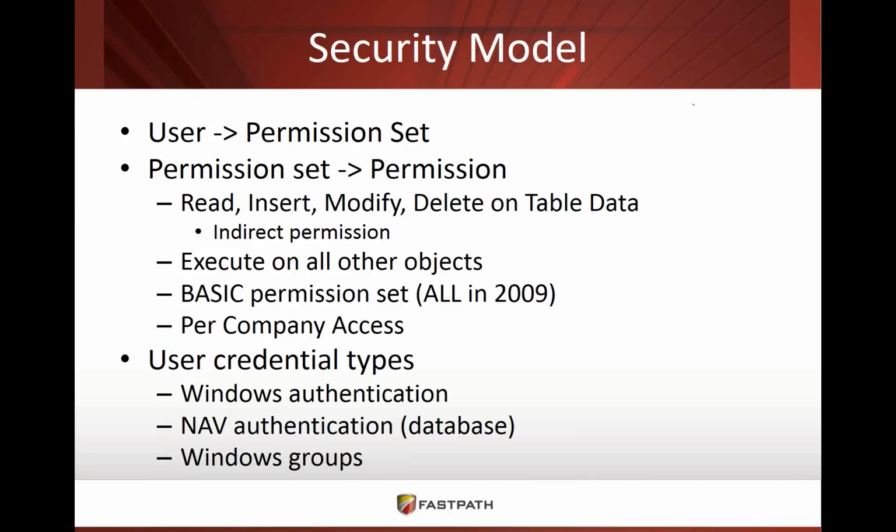And one thing that really helps our customers when they're trying to do this is to create a matrix. Along the left side of the matrix will be all of the user types. So if you have an AR clerk type, basically your employee types, that will be along the left side, and then across the top will be all the different areas in Dynamics NAV that you can secure.